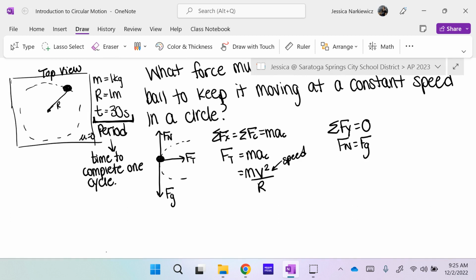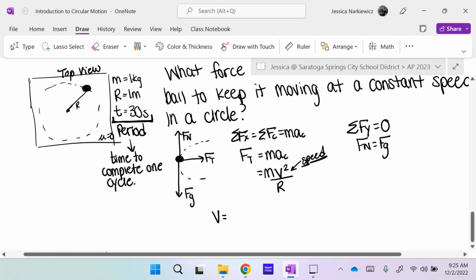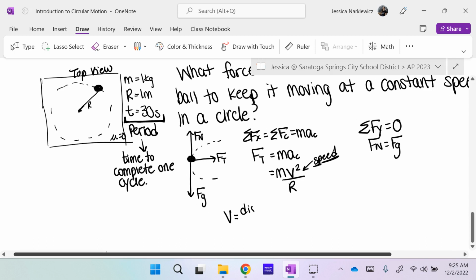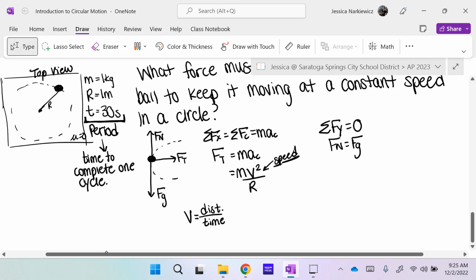Now, if we think back to kinematics, the speed of something was based off of distance over time. When we were calculating speeds, we were talking about straight line distances, but this object is still moving a distance as it goes around this circle.